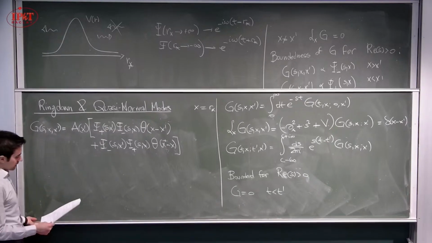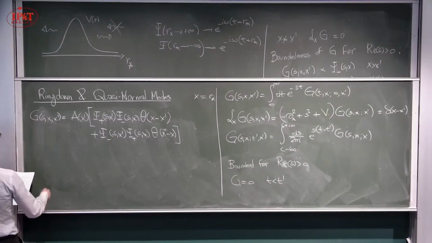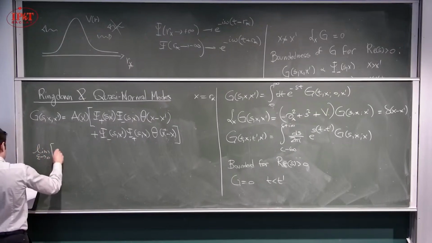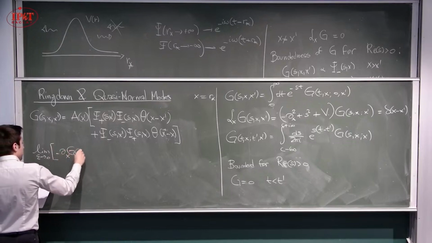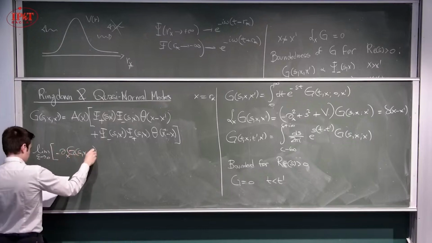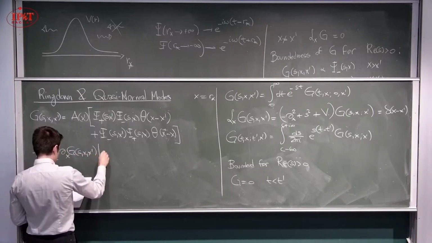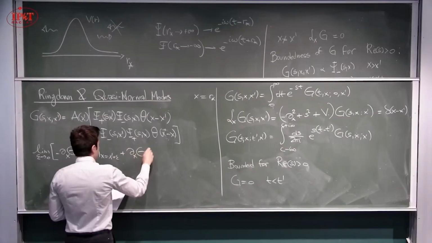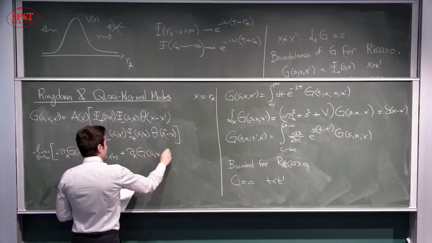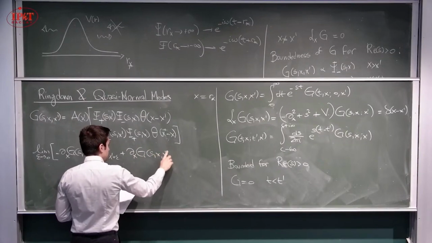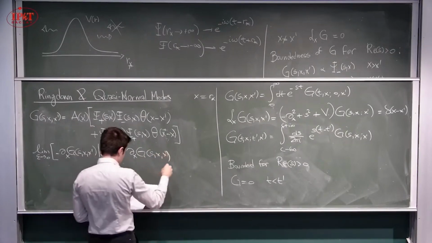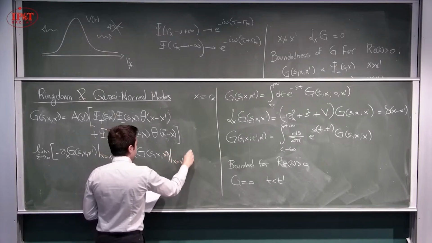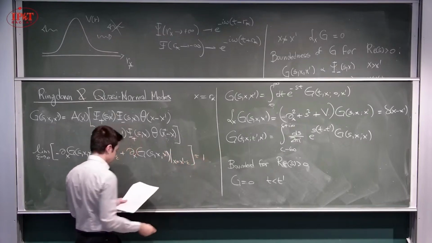So essentially, in the end, what you're going to have is that the limit, epsilon to 0, of the derivative of G computed at x equals x prime plus epsilon, minus the derivative of G computed at x equals x prime minus epsilon, is equal to 1.